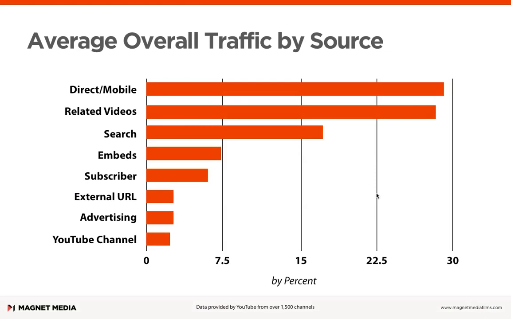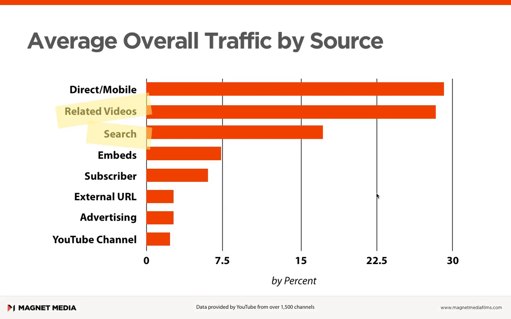So here's why that matters specifically: you look at the average overall traffic by source, and we'll go ahead and look at your related videos and search. Other than just direct hits to a video, these are the two largest drivers of traffic to the content that you produce. And these are now controlled by this new algorithm.